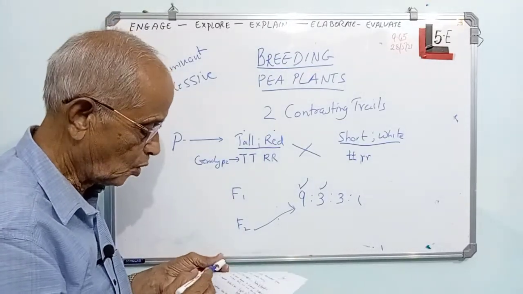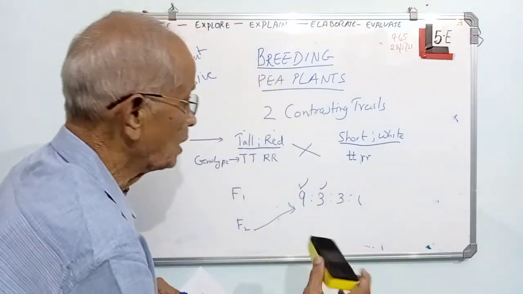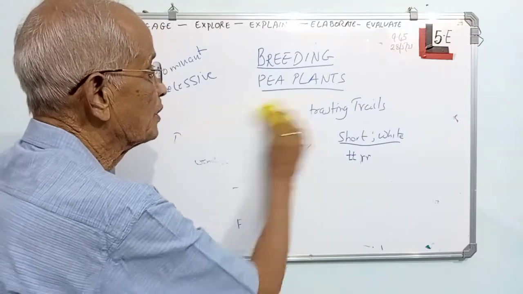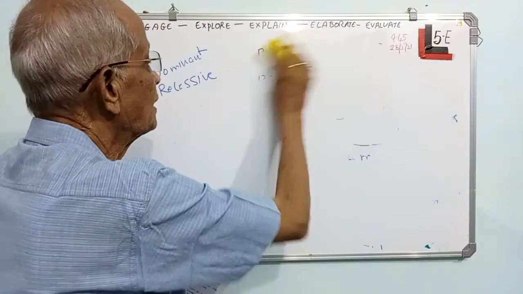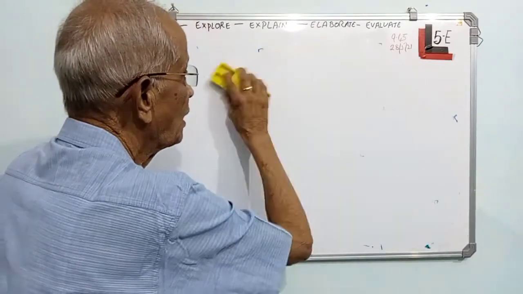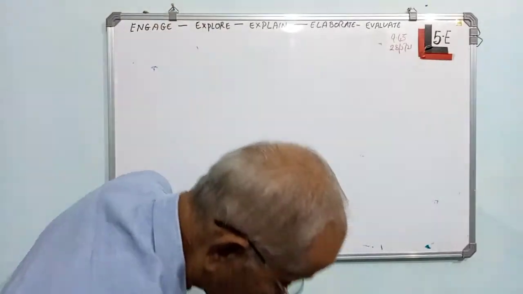So that is the work of Gregor Mendel, which perhaps you will be able to study from your textbook, and then we will just wind it up by telling that even today, in almost all studies of the plant and animal, this is applied.